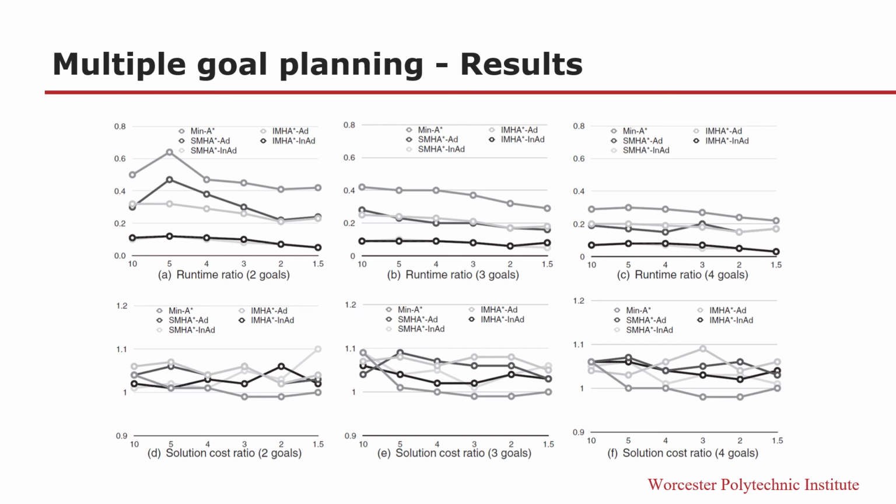Multi-heuristic A star inadmissible performs the best, and this difference increases with the increase in number of goals, as it takes advantage of the multi-heuristic approach to perform the individual search, and if any one of the inadmissible searches reaches the goal state while satisfying the bounds, it can successfully terminate, while other algorithms can get stuck in the large depression regions. All algorithms perform similarly in terms of solution quality.